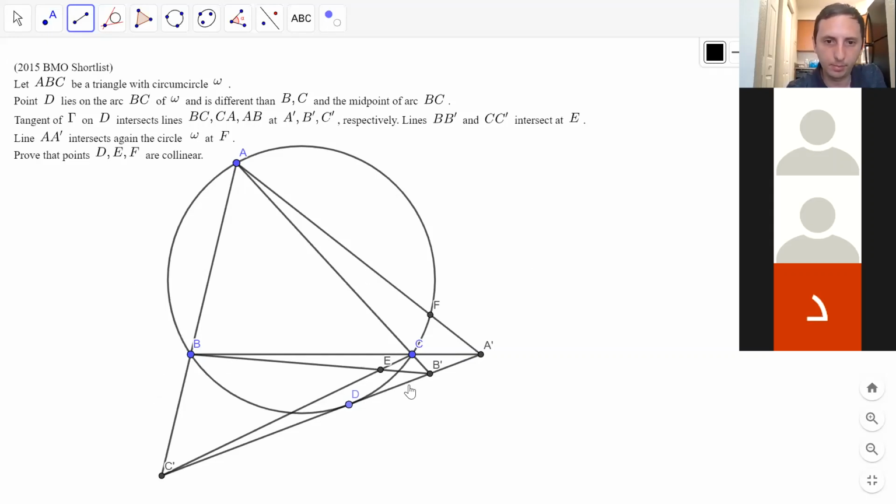Like A, B, B prime, A. What about AC, C prime, A prime?